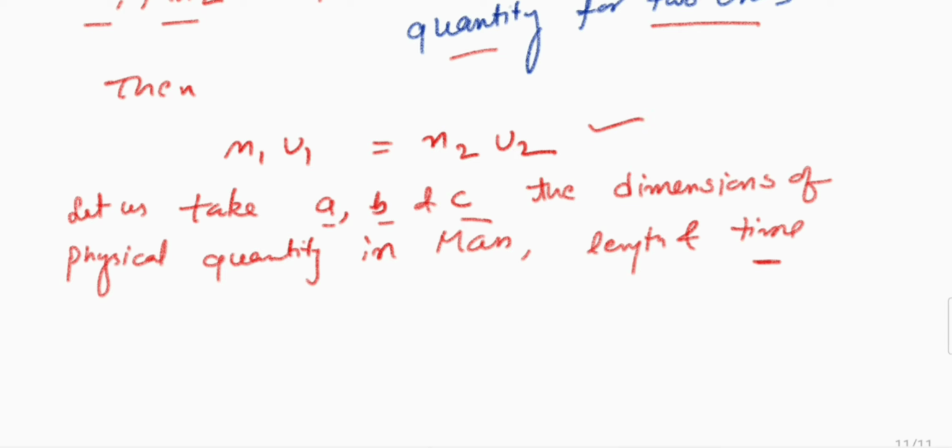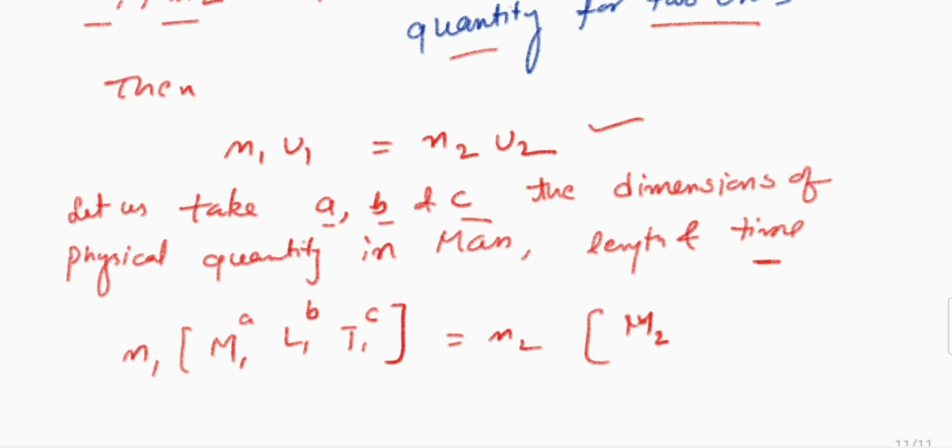Then we can write this relation as n1 m1 raised to power a, L1 raised to power b and T1 raised to power c is equal to n2 m2 raised to power a, L2 raised to power b and T2 raised to power c.